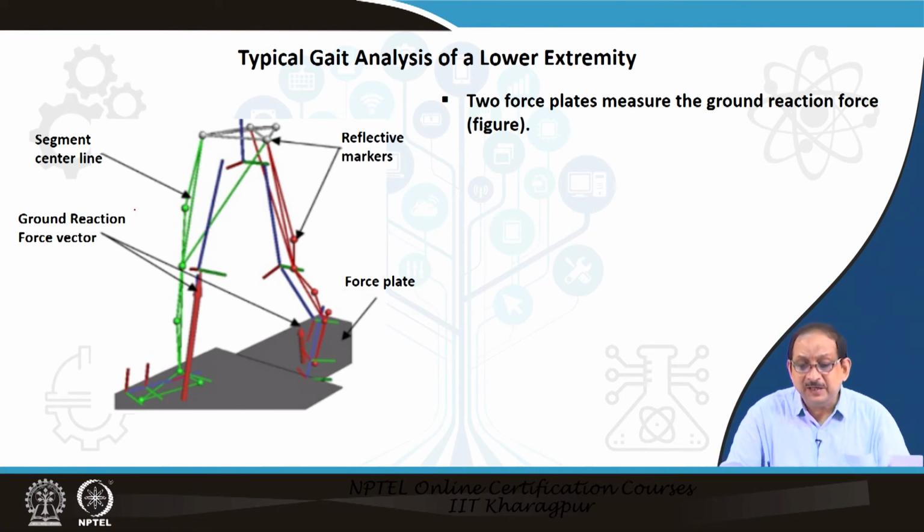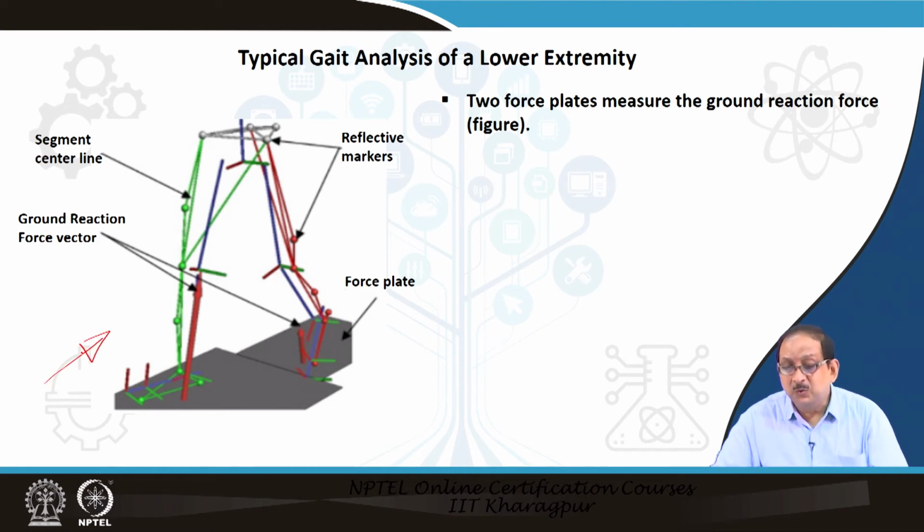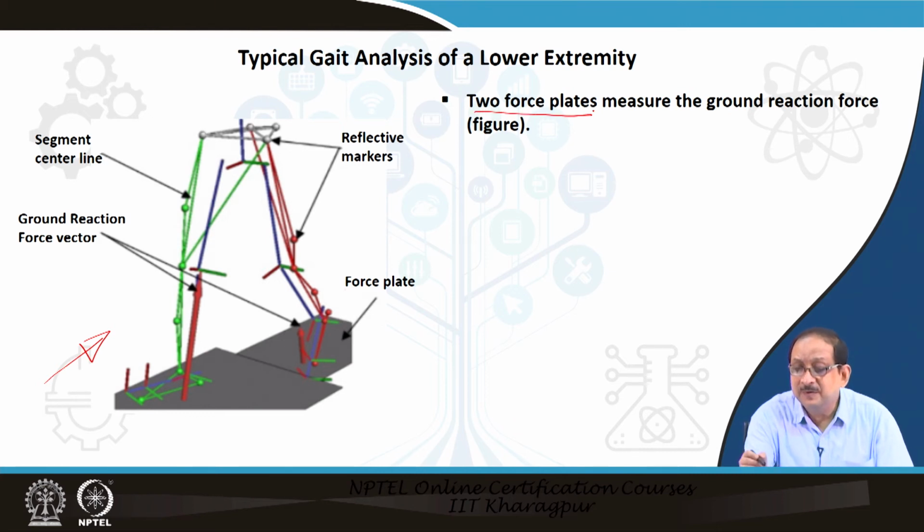Now, a typical gait analysis of a lower extremity arrangement with the lower extremity model is shown in the figure. So, the two force plates measure the ground reaction forces.